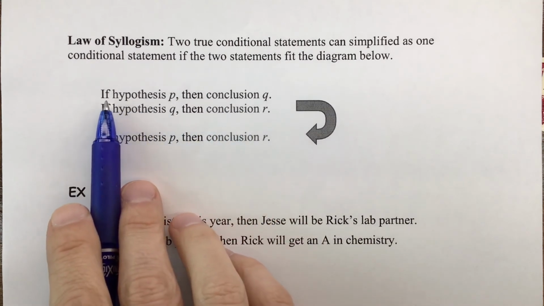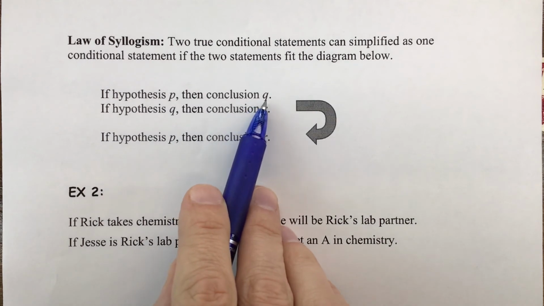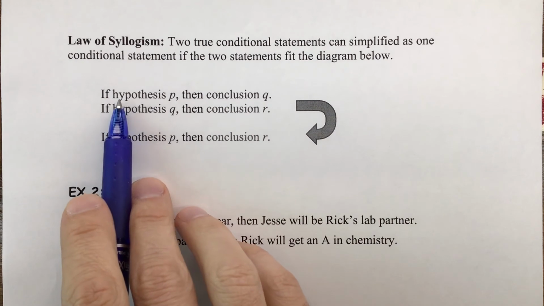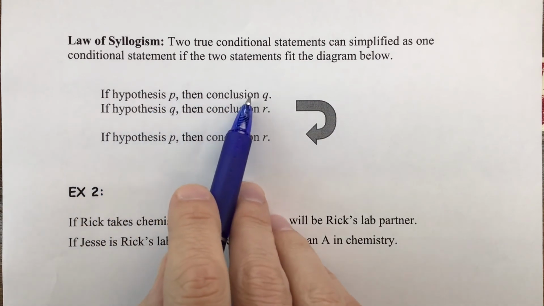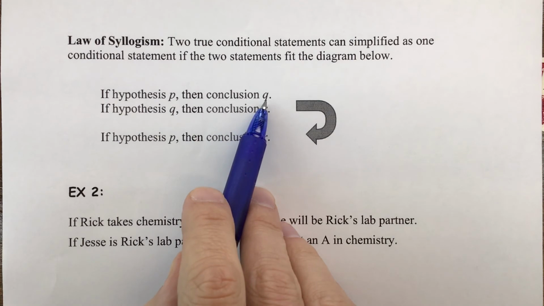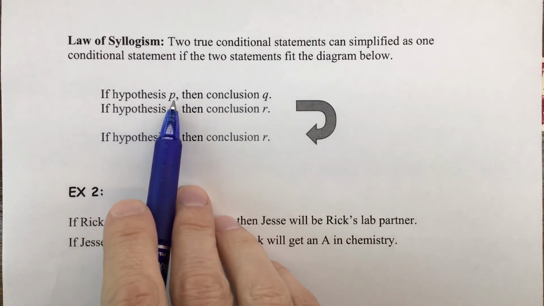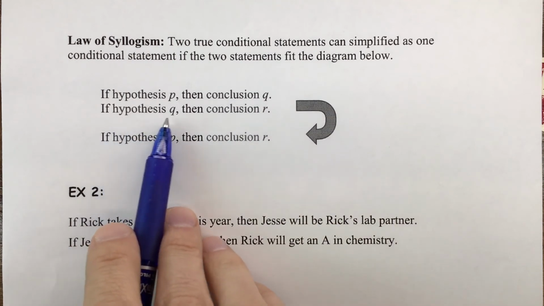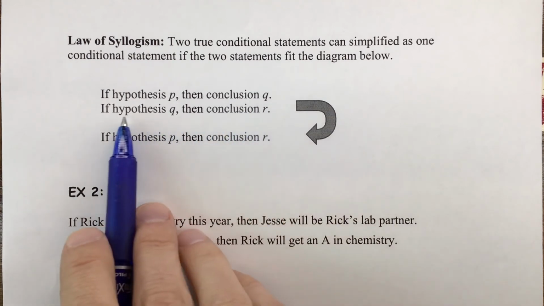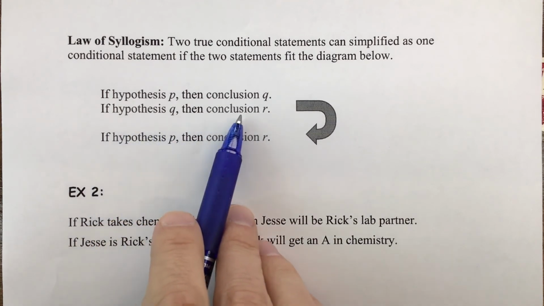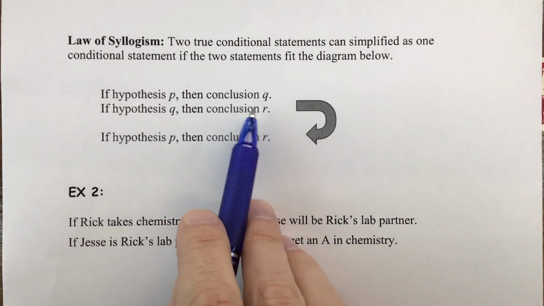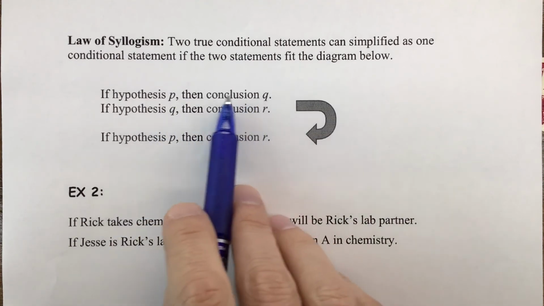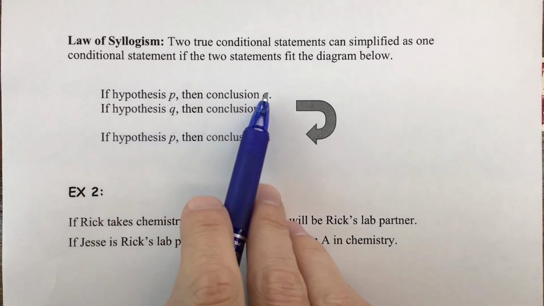The first says that if hypothesis P, then conclusion Q. So if hypothesis P exists, it's going to lead to a conclusion Q. The second statement says that if you have hypothesis Q, the same thing that we see up here actually, that would lead you to conclusion R. In a way, Q, whatever it is, is sort of like a middleman here, a stepping stone.